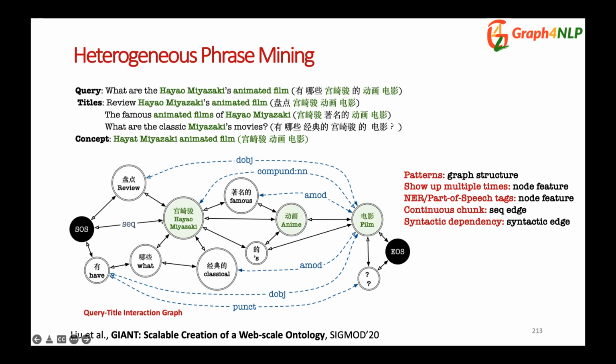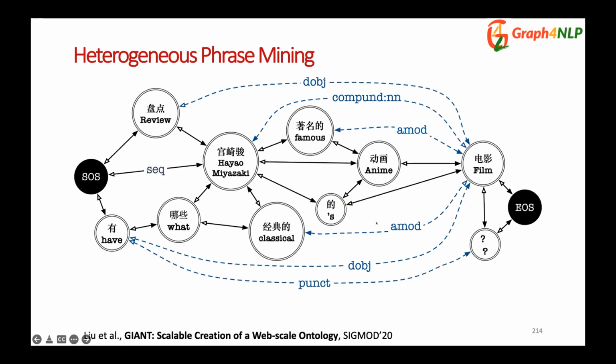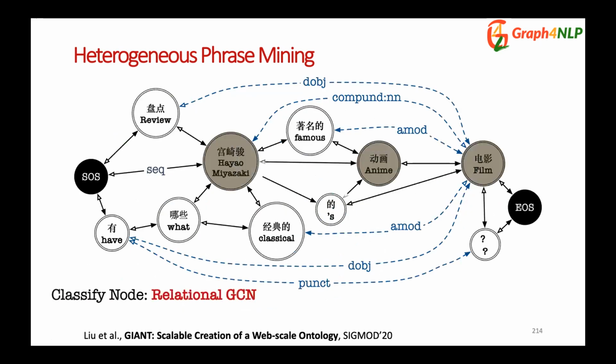And if you want to extract a short phrase, basically what we want to do is perform node classification to extract the words belonging to the output phrase, and perform a traversal to extract the order of the different nodes. So first, we perform node classification to extract the nodes which we will keep.